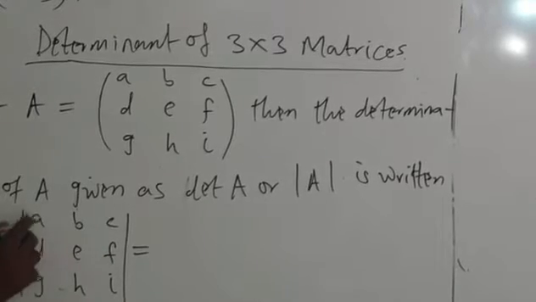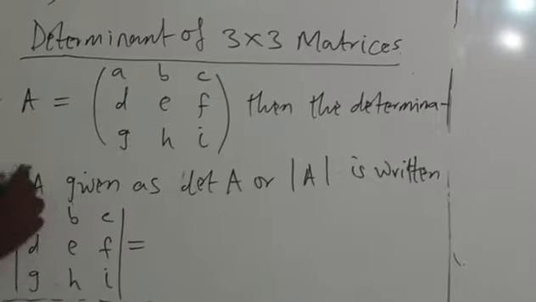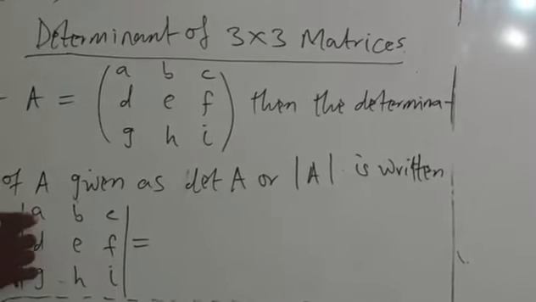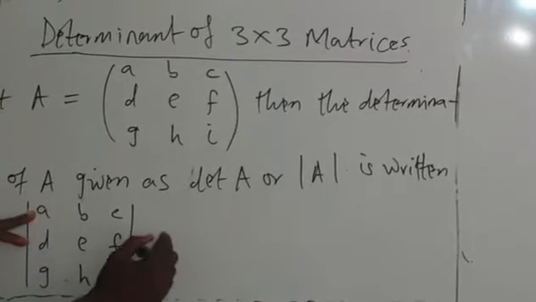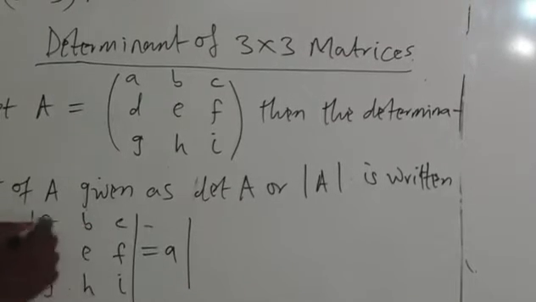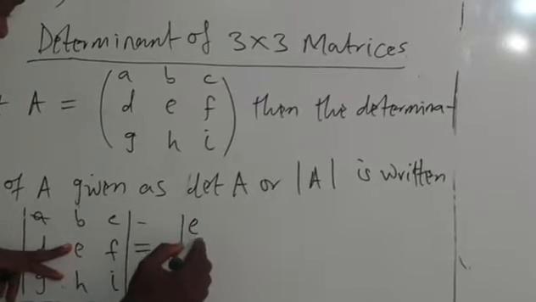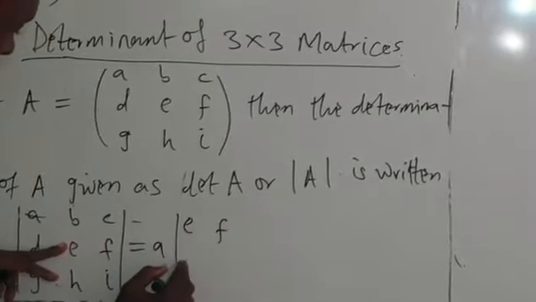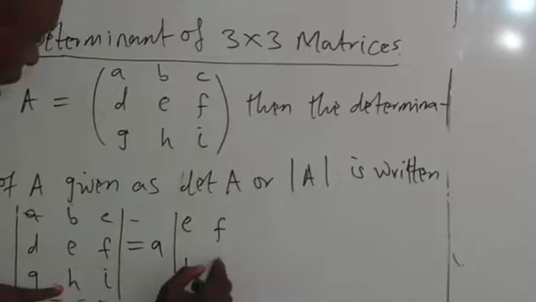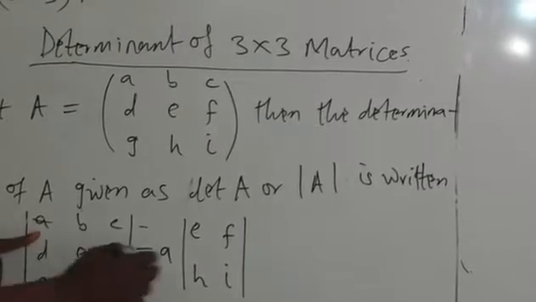So to determine the determinant of these 3 by 3 matrices, we are going to cover up the first row and the first column. So for the first element, A, we hold on to the row and column along A. So we are left with E, F, H, I. So that is the first one. Then the second, so we are going to subtract.